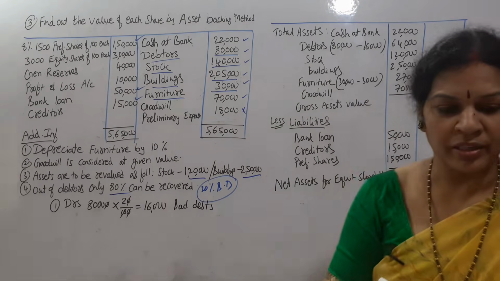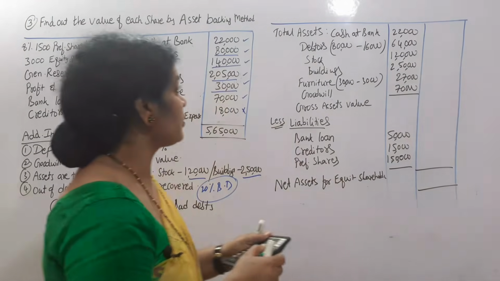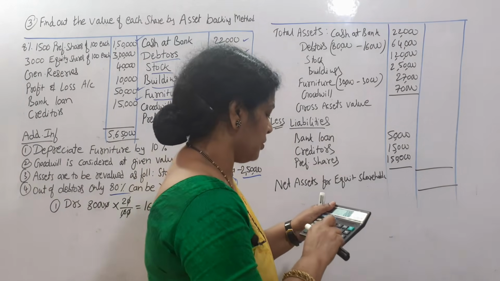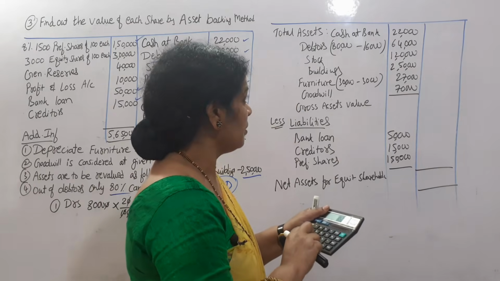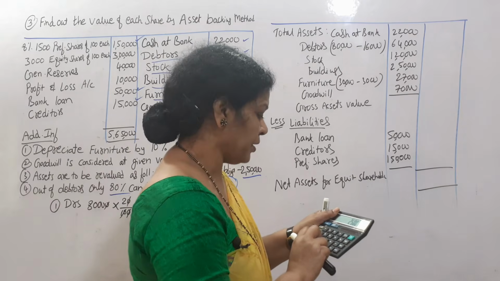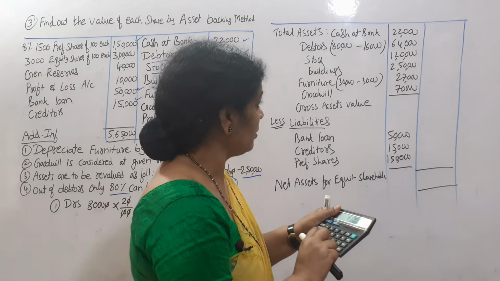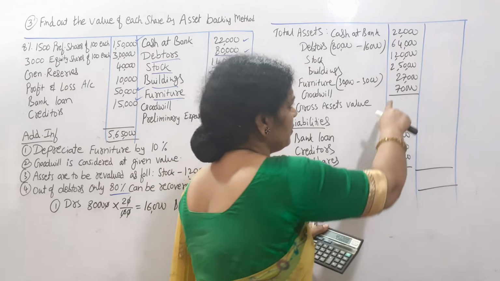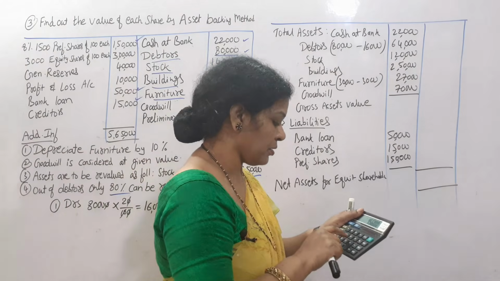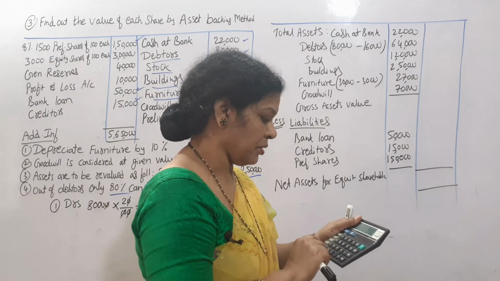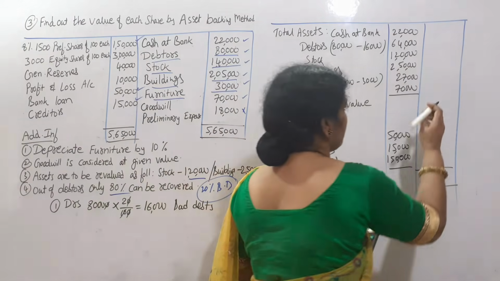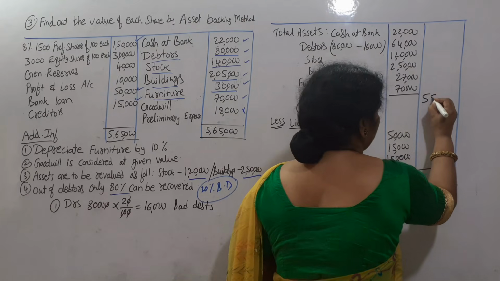Now let's do the calculations. First, 22,000 plus 64,000 plus 1,20,000, 2,50,000, 27,000, and 70,000, which means 97,000 we can take. It is coming to 5,53,000.